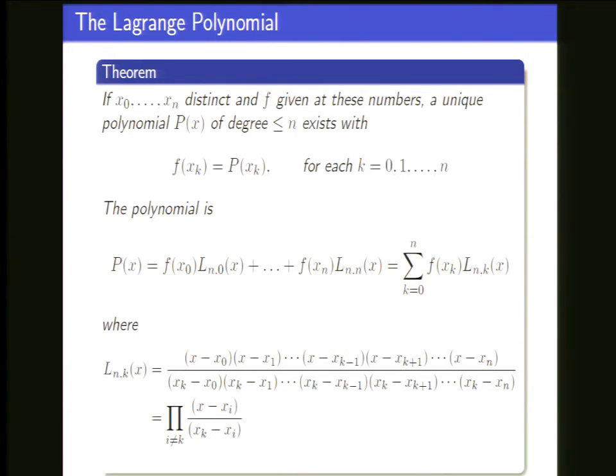So now suppose that you want to use this to find the interpolating line through the points 1, minus 2 and 3, 3.